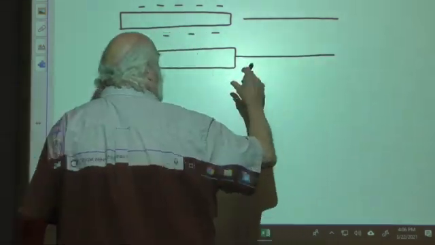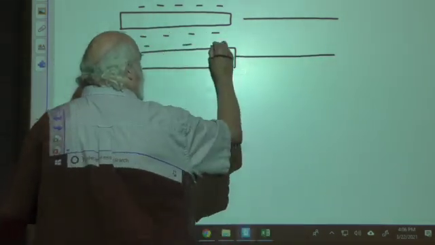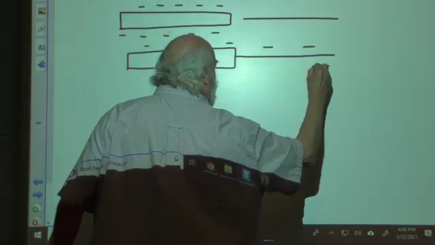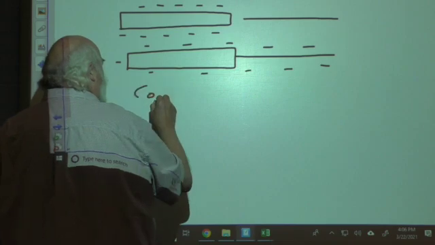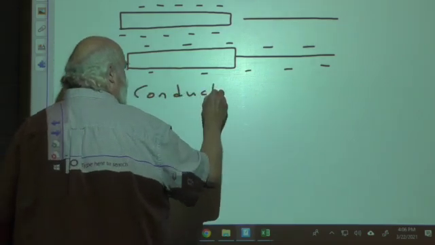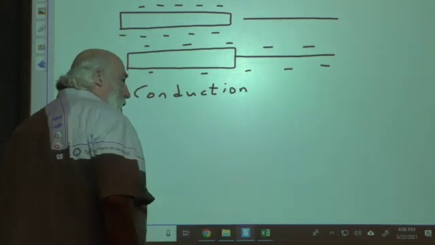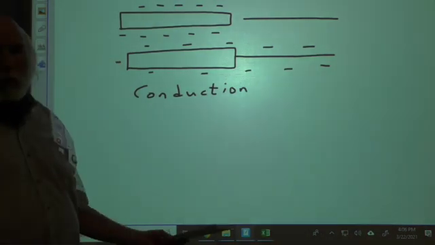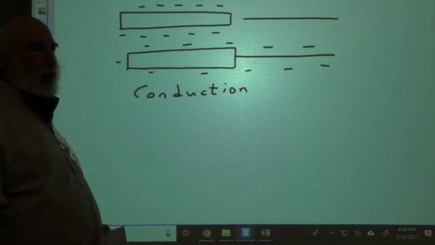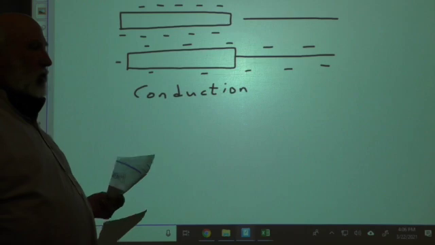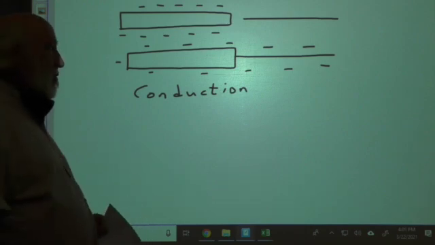But now the two are touching each other, which allows the electrons to flow back and forth. And that is called conduction. And this is why we use metal wiring in your house to conduct electricity, because they have very little resistance. There's some resistance, but not much compared to insulators.